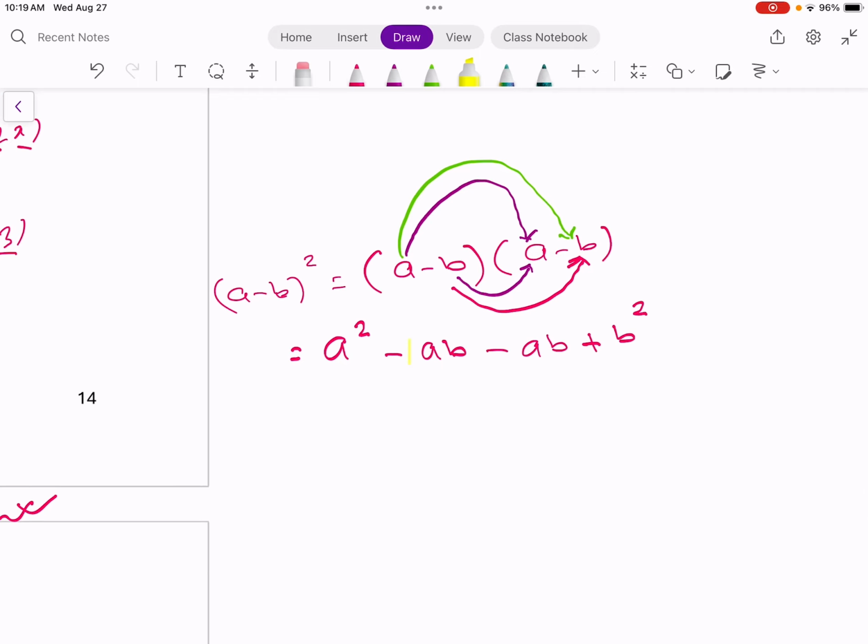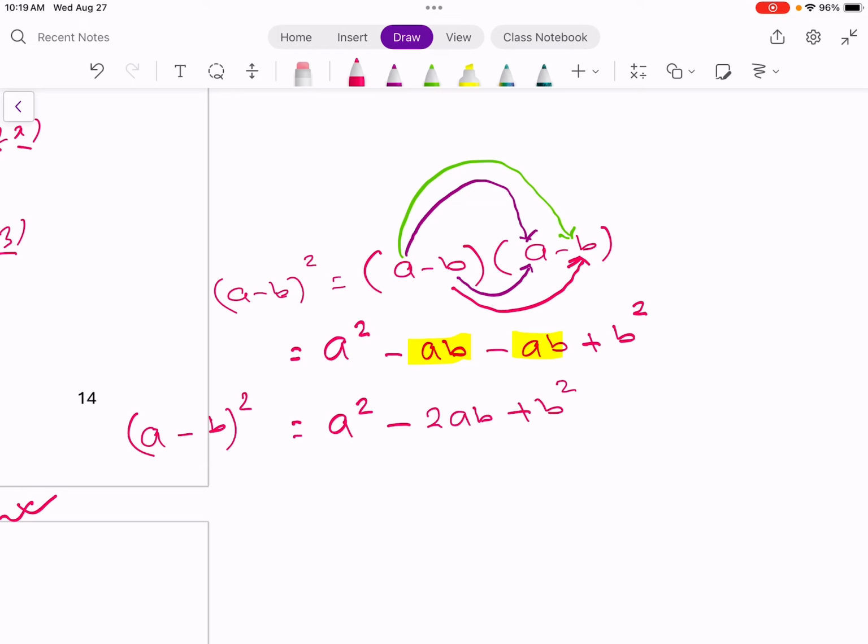So here we have these two as like terms, so this is a square, negative ab, negative ab. What is that? Negative 2ab plus b square. Okay, so if you have a square of a binomial, then we have a square minus 2ab plus b square.